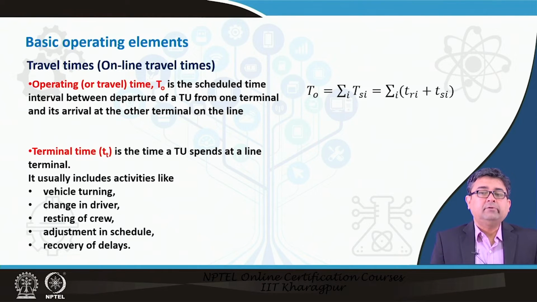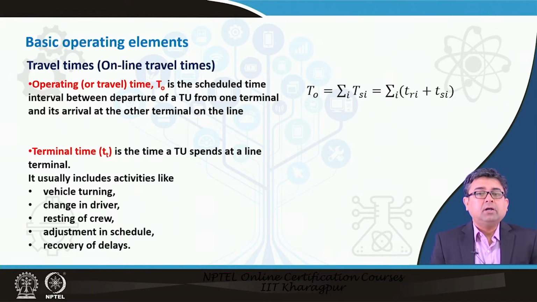So far we have looked at travel times between adjacent stations, and if you sum up all those travel times along the adjacent stations, then you would arrive at what is called the operating time or the travel time. That is what the equation also shows.